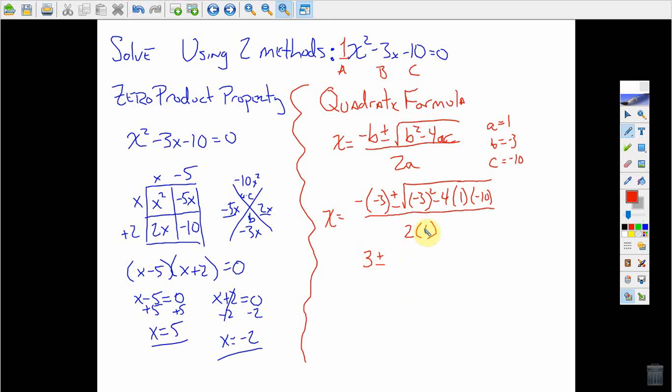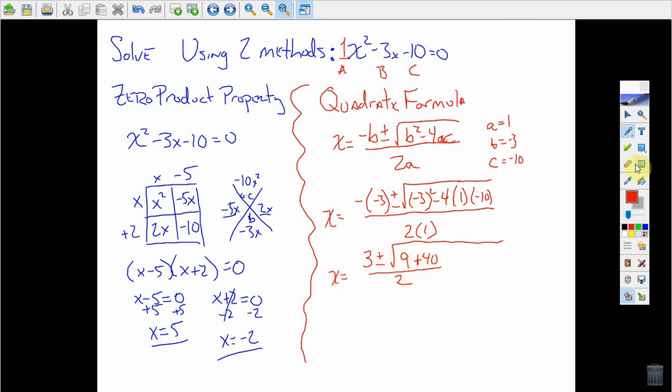So it's going to be 3 plus or minus. Let's think about what's underneath the square root sign there. So negative 3 squared is 9. This is going to be negative 4 times 1 times negative 10. So that will be positive 40, because negative 4 times 1 is negative 4. Negative 4 times negative 10 is positive 40. All over 2.